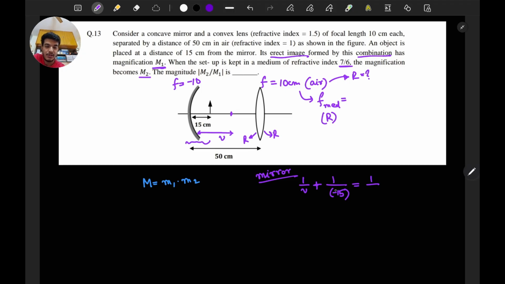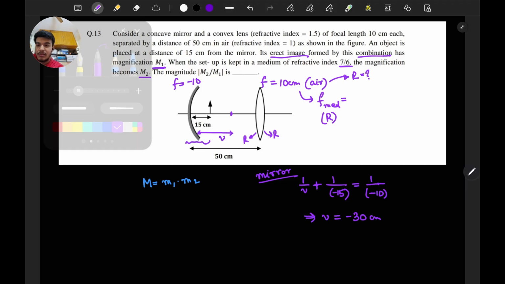So 1 by v plus 1 by minus 15 equals 1 by minus 10, which was my focal length for the concave mirror. From the first reflection, if we solve this, it would come out to be minus 30 centimeter.